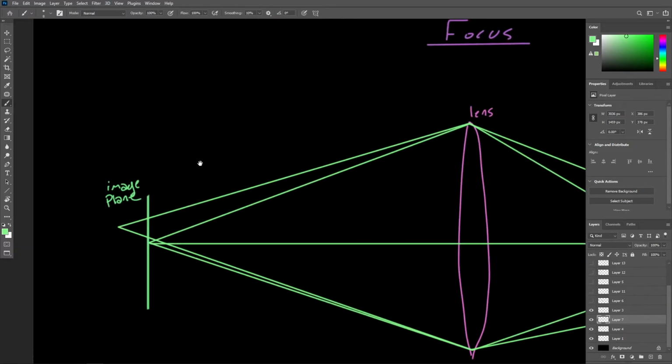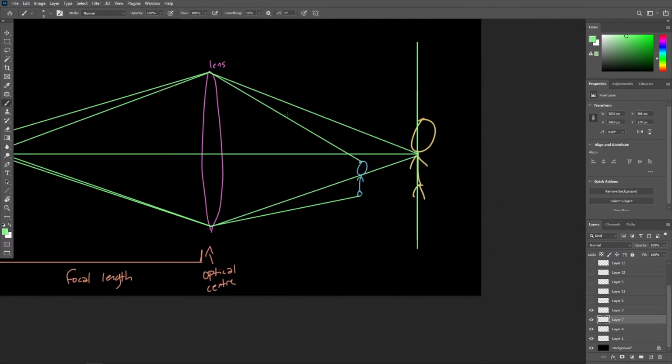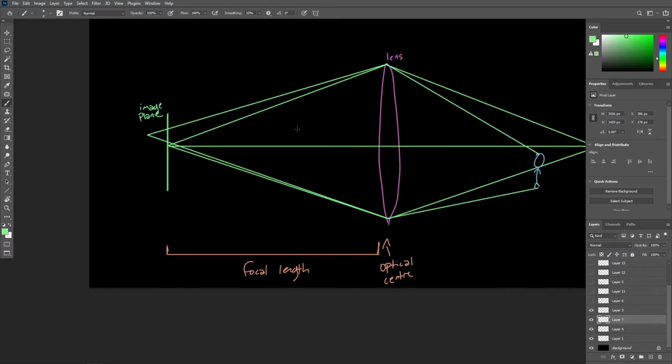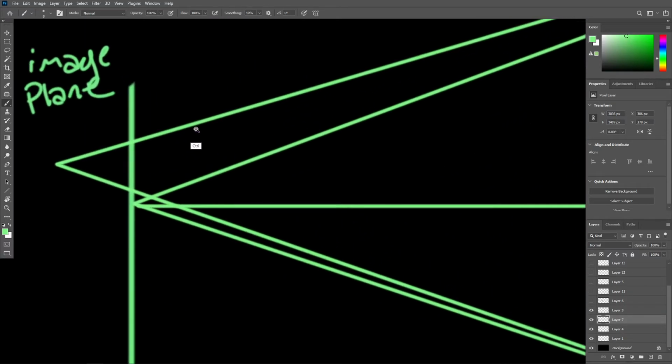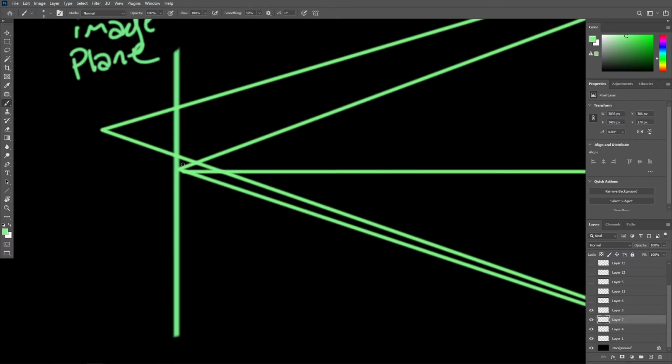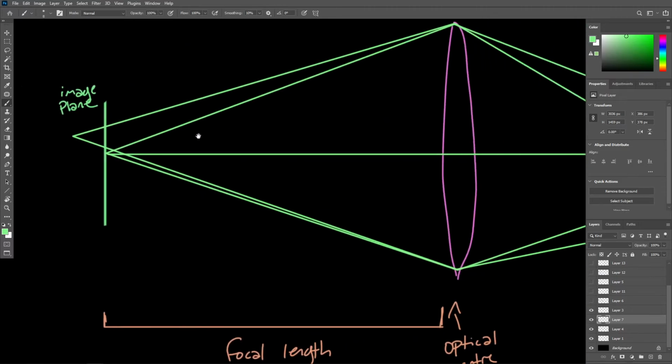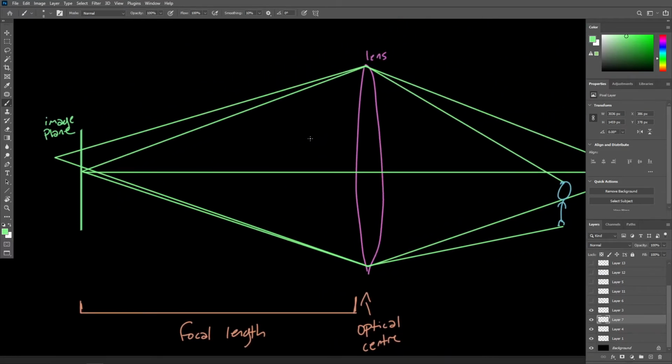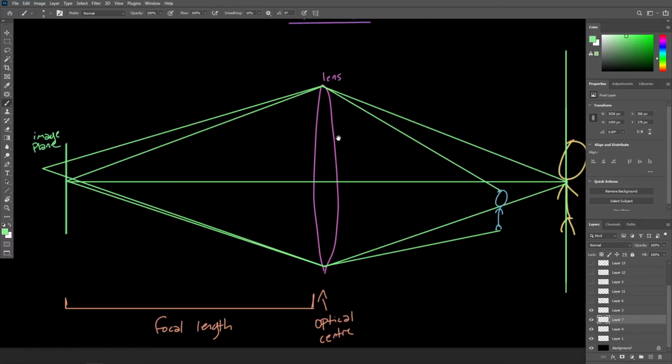And of course, even for objects that are perfectly in focus, nothing in reality is absolutely 100% perfect. So even at this point of convergence, there will be some sort of circular shape formed by the light rays as they are projected onto that image plane.